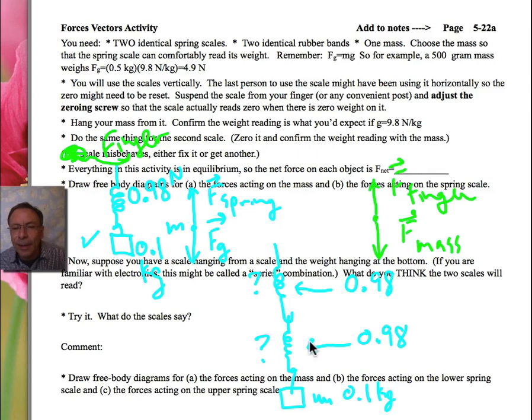They weigh maybe a few grams. So it's going to say 0.98 plus a little bit, which is the little extra mass or weight of the lower scale. And so the top scale is holding up the mass and the bottom scale. The bottom scale is holding up just the mass.